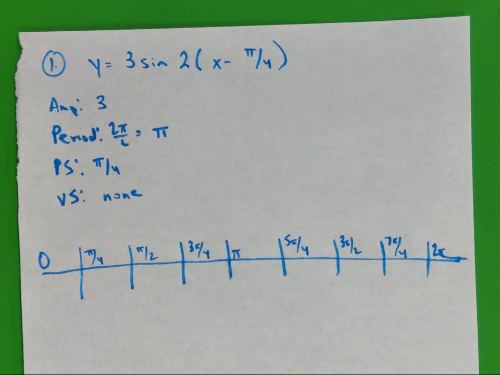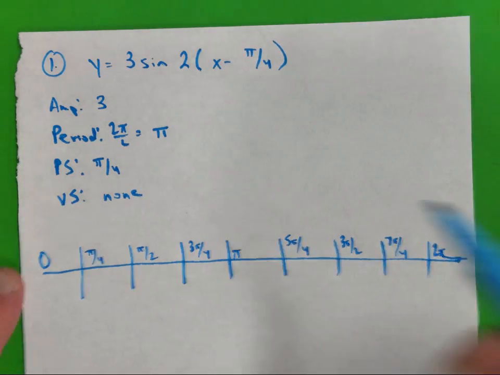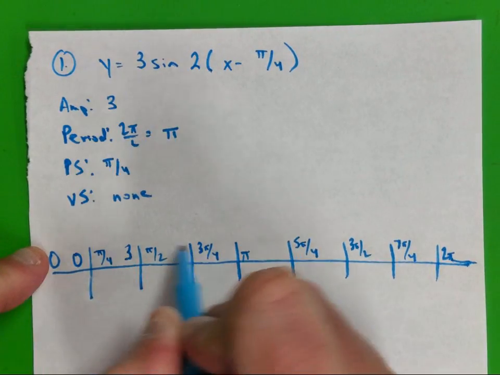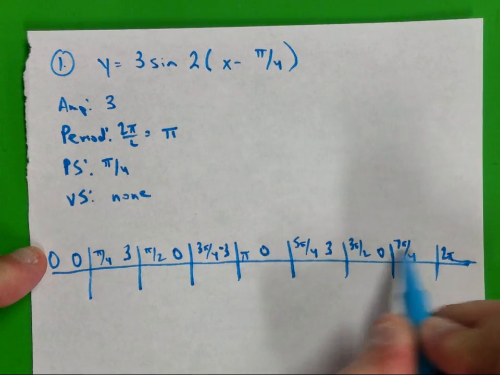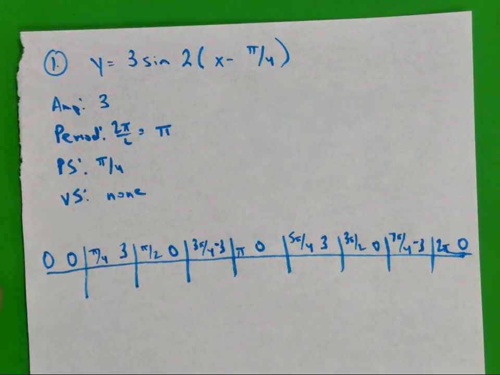Now sine, do you start at the origin or do you start at the amplitude? Origin, very good. So I'm going to go 0, 3, 0, negative 3, 0, 3, 0, negative 3, 0.